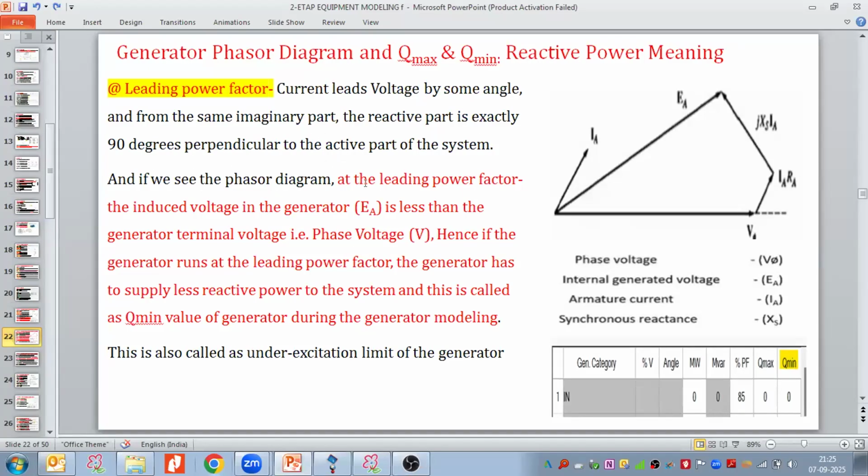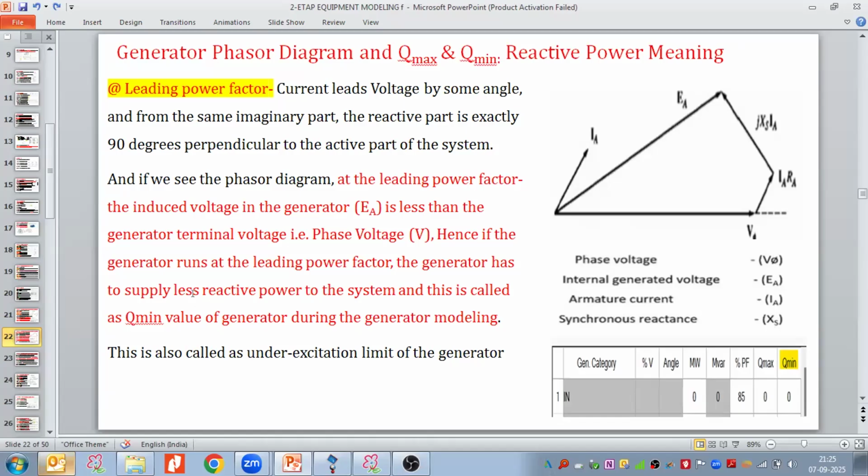If we see the phasor diagram, at a leading power factor type of load, when the generator is connected, the induced voltage in the generator is less than the generator terminal phase voltage V. Hence, if the generator runs at the leading power factor state, the generator has to supply less reactive power, because my terminal voltage is almost maintained.